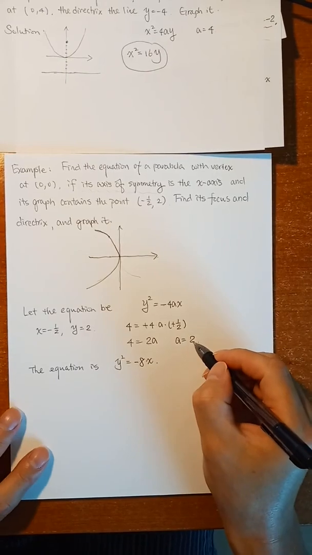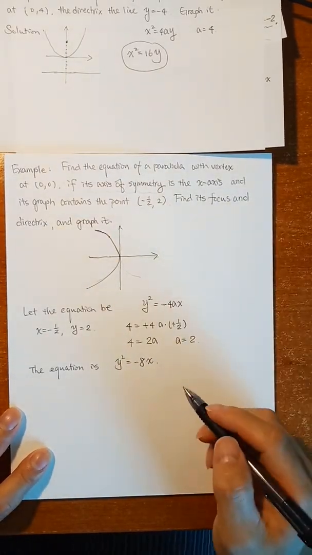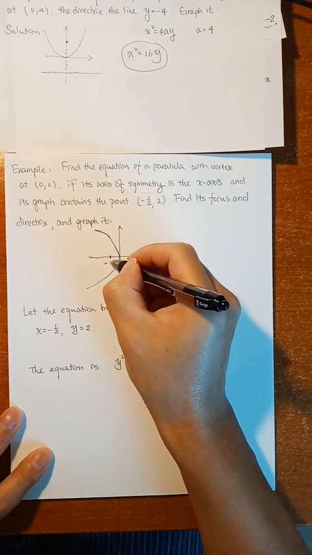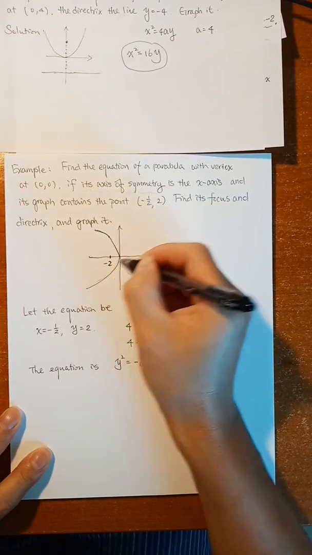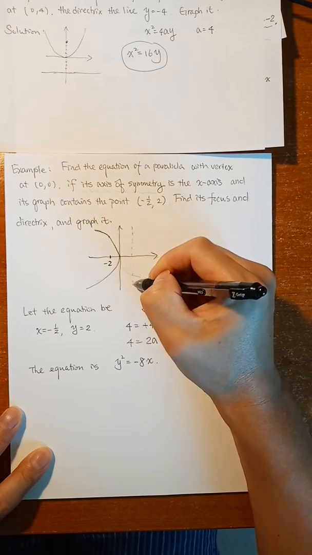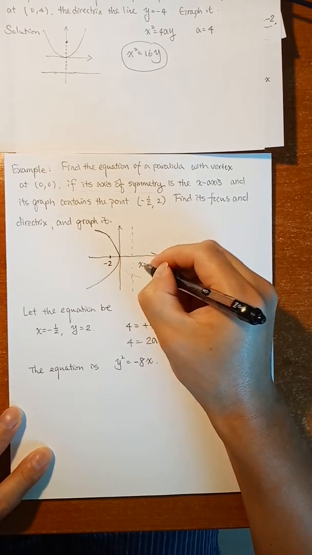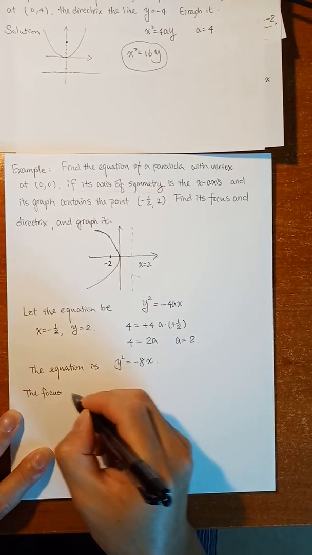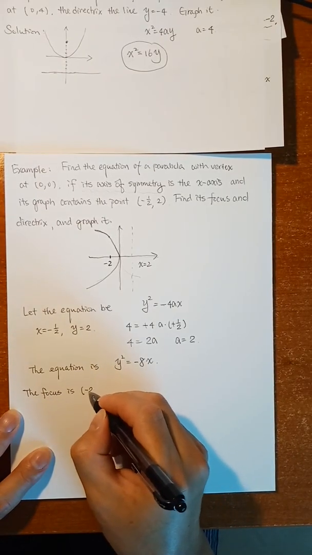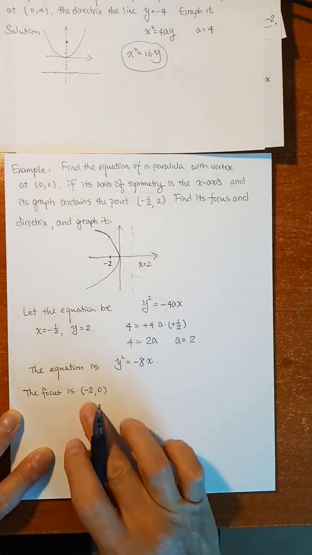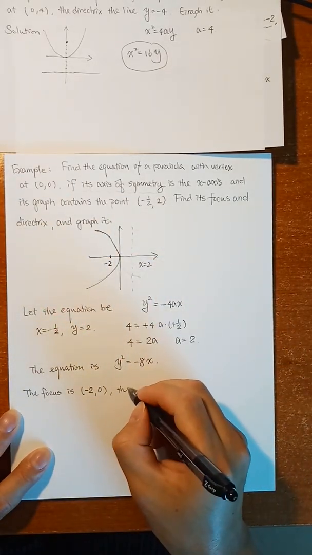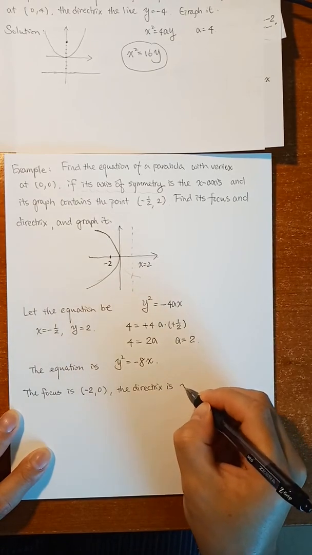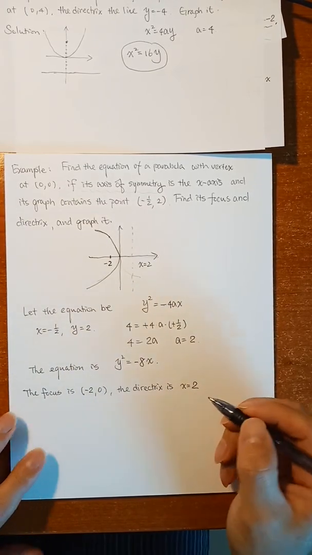And once you get a, you can determine the focus. What is the focus? The focus here is negative a, which is negative 2. The directrix will be on the other side, x equal to 2. So the focus is (negative 2, 0), on the x-axis. The directrix is x equal to positive 2.